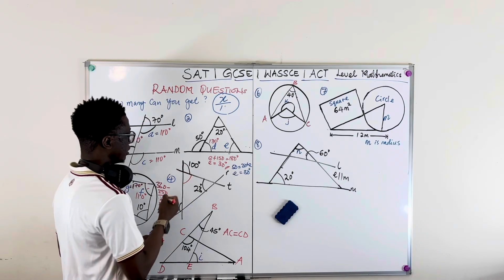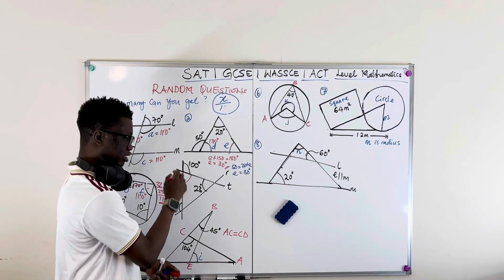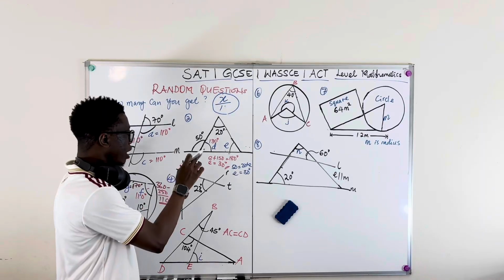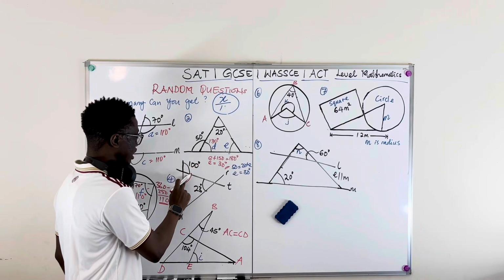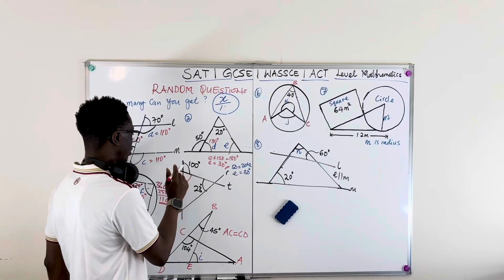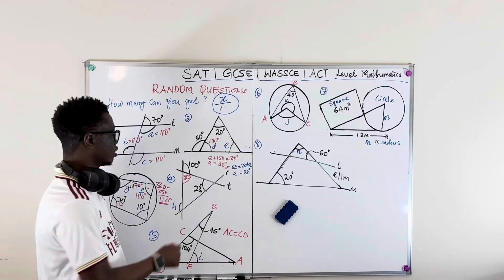What should be here? If this is a straight line, or adjacent angles, we know this one, so if we add this and this, it should give us 180 degrees. If this is 100, definitely this is going to be 80. Angles on a straight line.